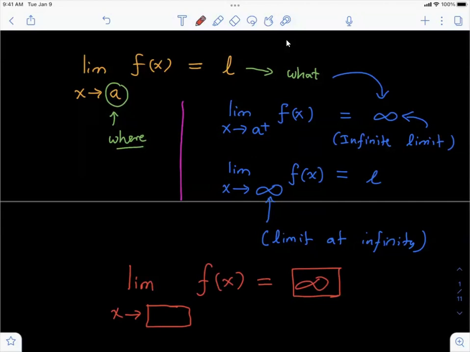It could be either positive infinity or negative infinity. And when it comes to a limit at infinity, you're going to fill the first block with an infinity. It could again be positive infinity or negative infinity. The meaning of infinity is simply that it is a never ending process. It is not a value. Instead, we are going to call it a never ending process.